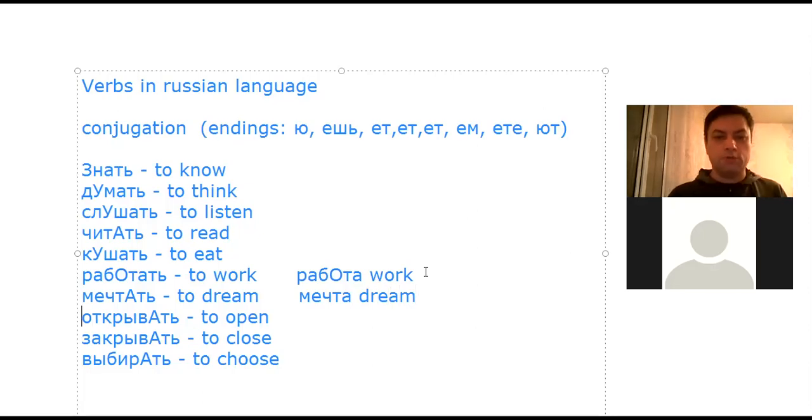Which is also a noun. Now, if you add to, then you'll get the verb работать, to work, мечтать, to dream.